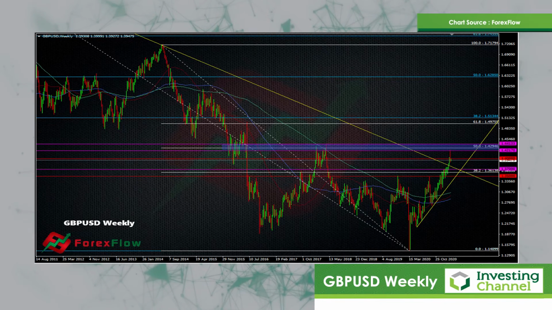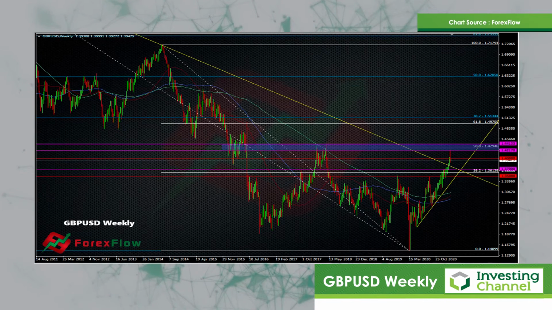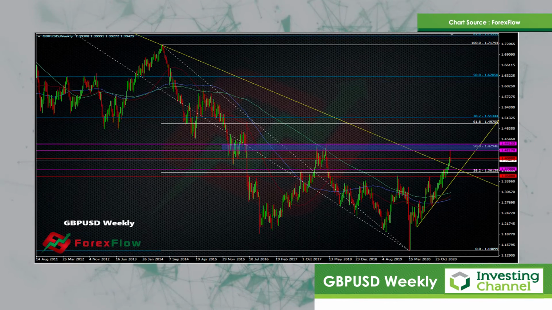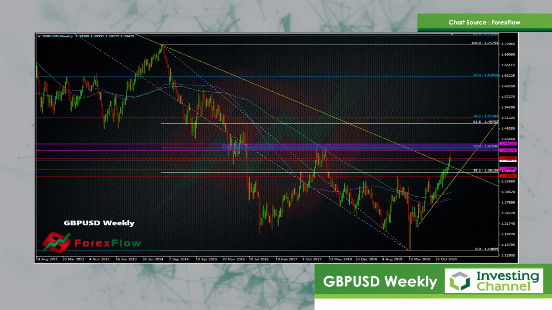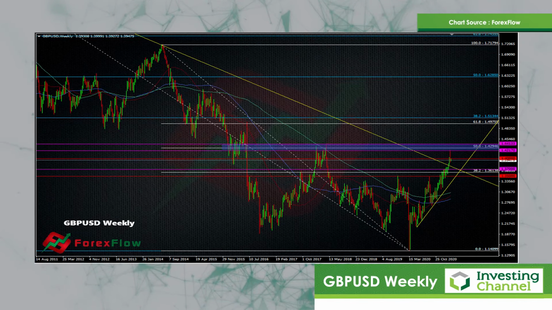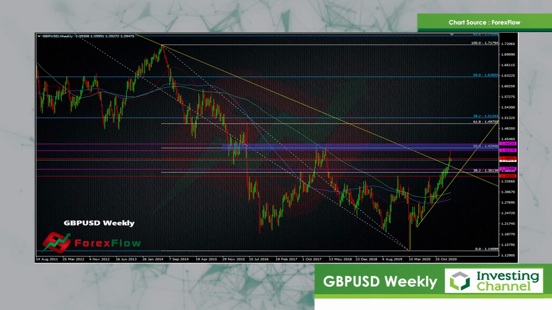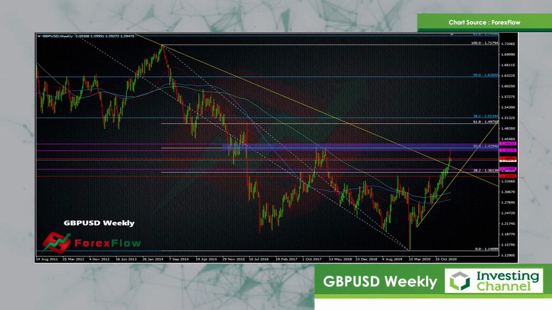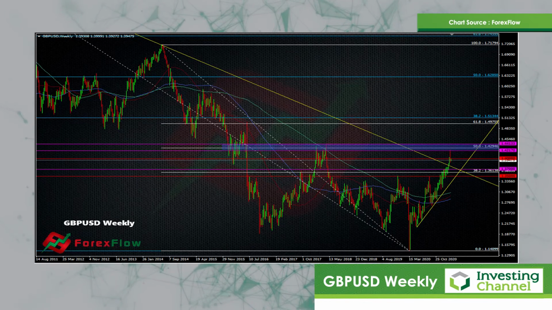The big level technically was up at this 142, 144 area. We smacked straight into it and came straight back down from it, quite significantly even. We've been down to 139, and that's a pretty big kickback from there.